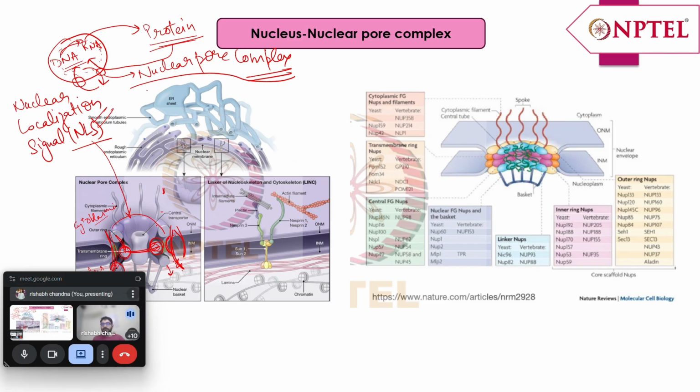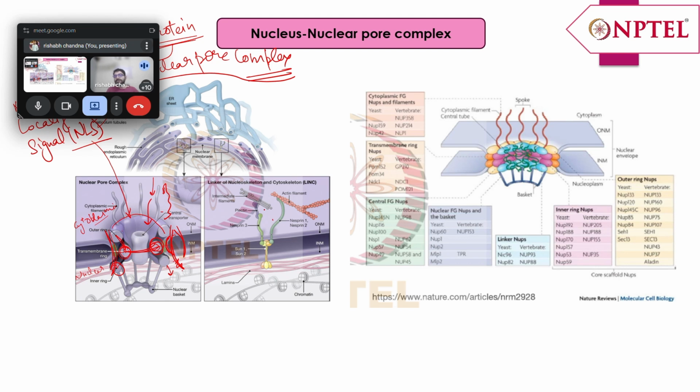Then we have other components. First is the cytoplasmic filaments, that actually help in catching the proteins or the importers that help in importing proteins to the nucleus. Okay, and then we have a nuclear basket.